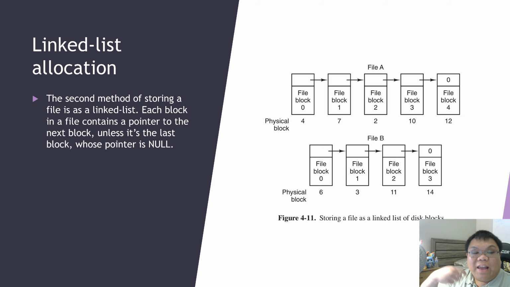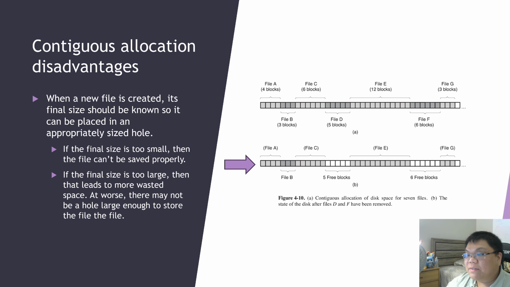Linked list allocation actually eliminates that issue of file growth. But it also eliminates another issue, where we have holes of free space that can be subject to external fragmentation.